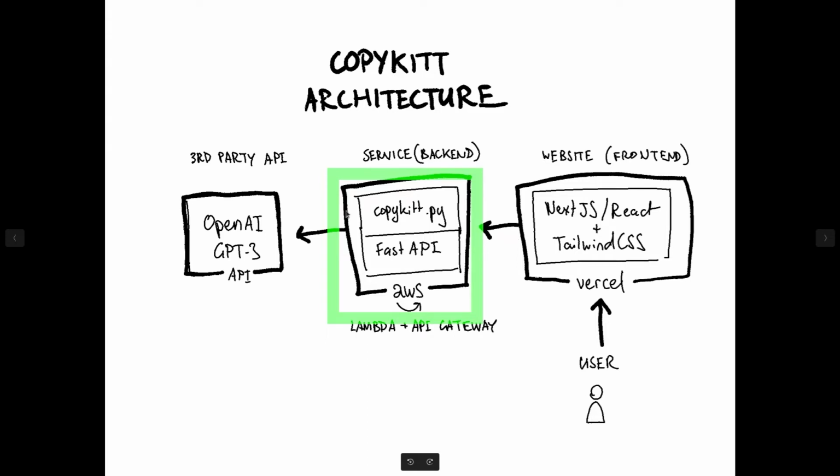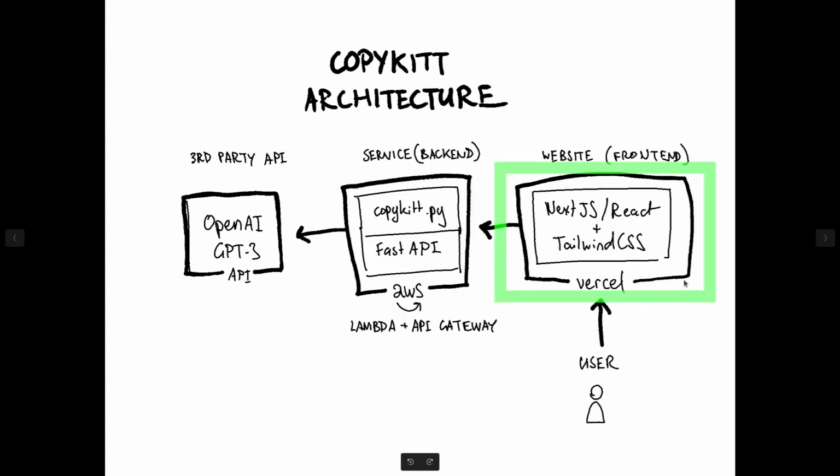So now we can call this from our website. And this whole thing is going to be hosted on AWS inside a Lambda function, which we're going to make available through API Gateway. So by the end of this middle part here, we should have a web API URL that we can use to talk to this and get the response that we want.